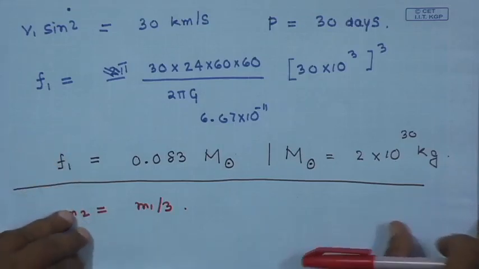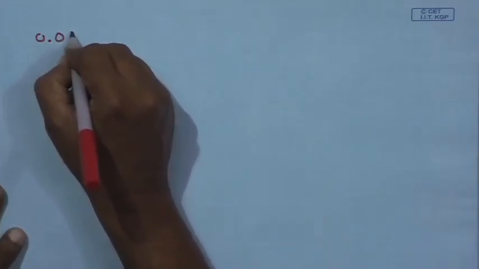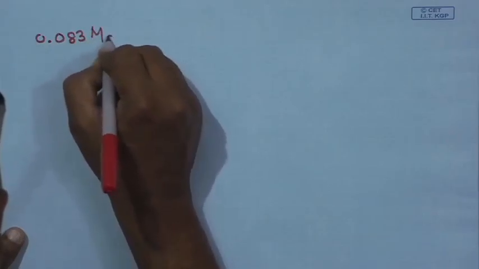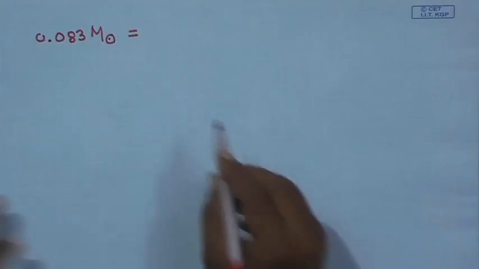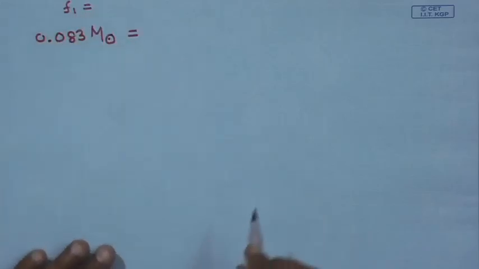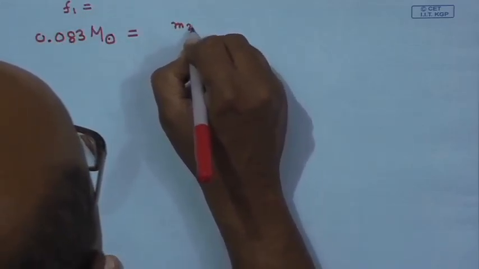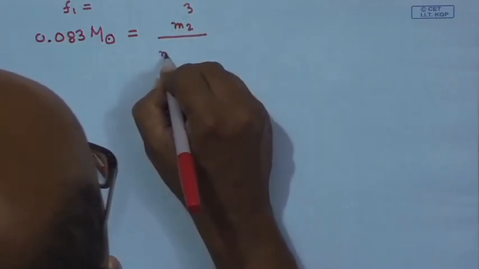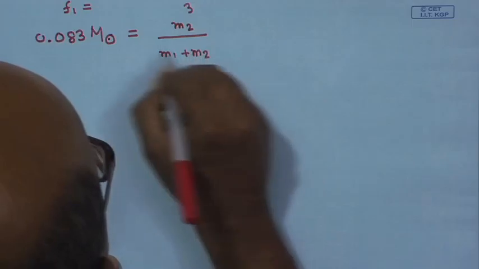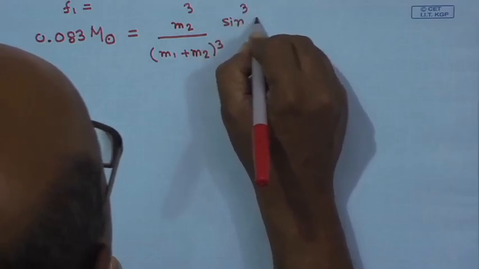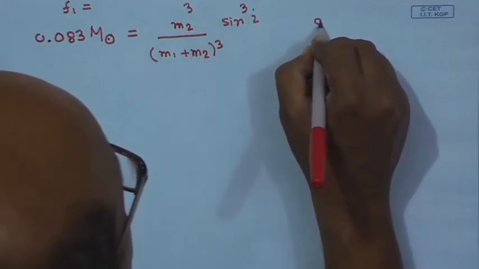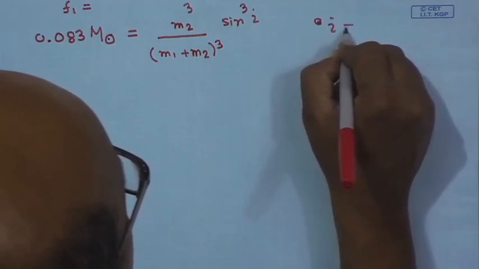So what we then have is that f1, which is 0.083 solar masses, is equal to m2 cube by (m1 plus m2) square into sine cube I. Let us for the time being assume that the inclination angle is 90.